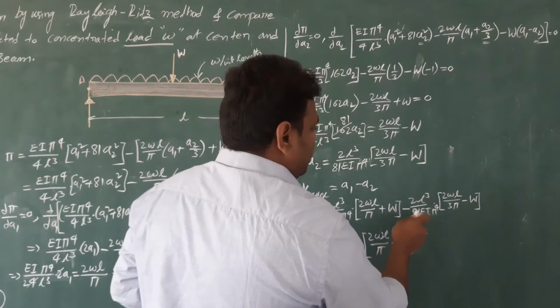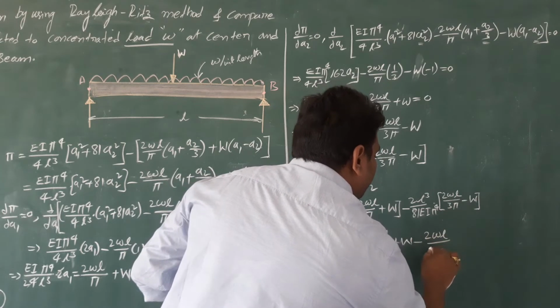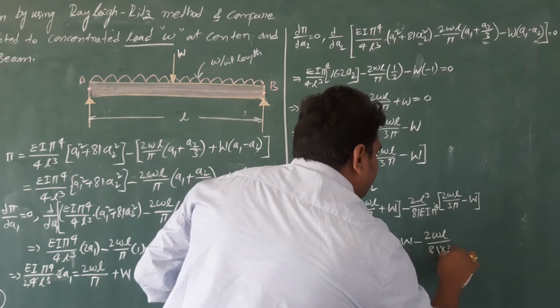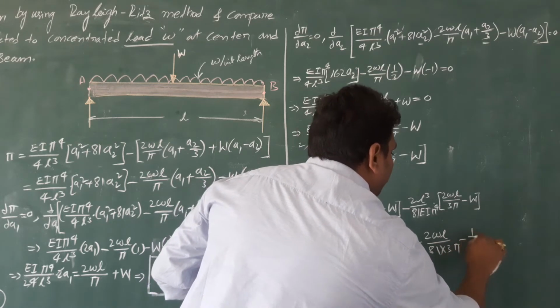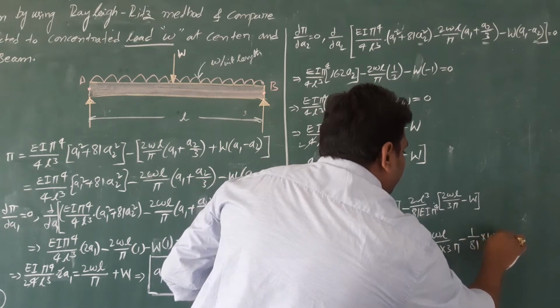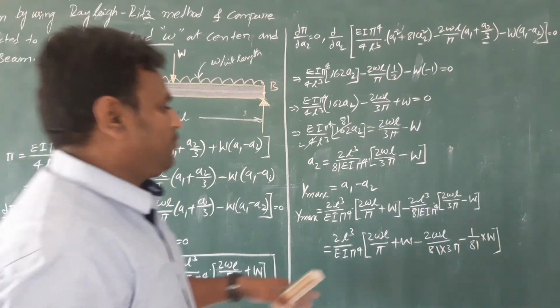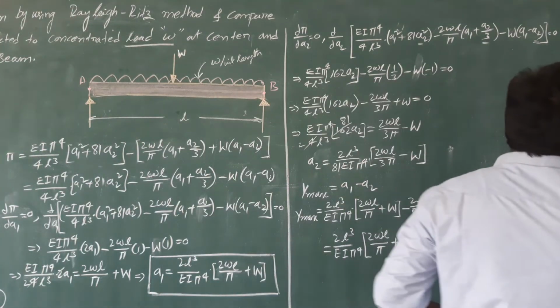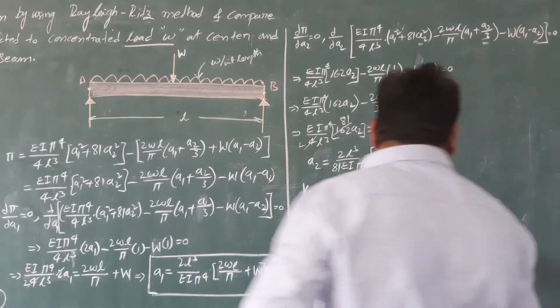In this equation, 2WL by 81 into 3 into pi minus 1 by 81 into capital W. Okay, 81 three times, that is 81, 162, 243. This will become 243.